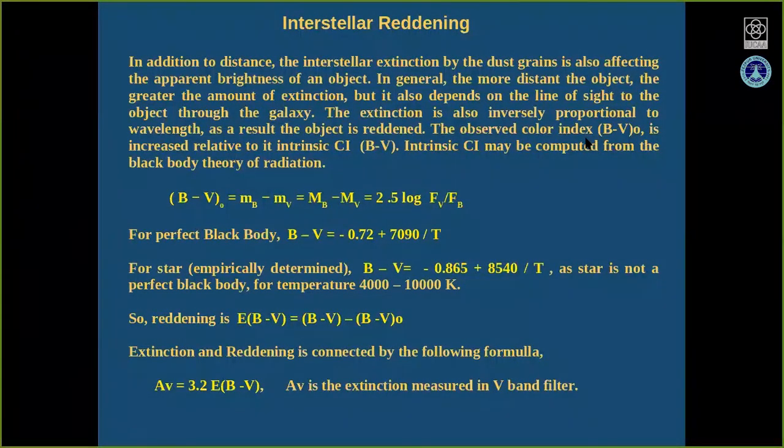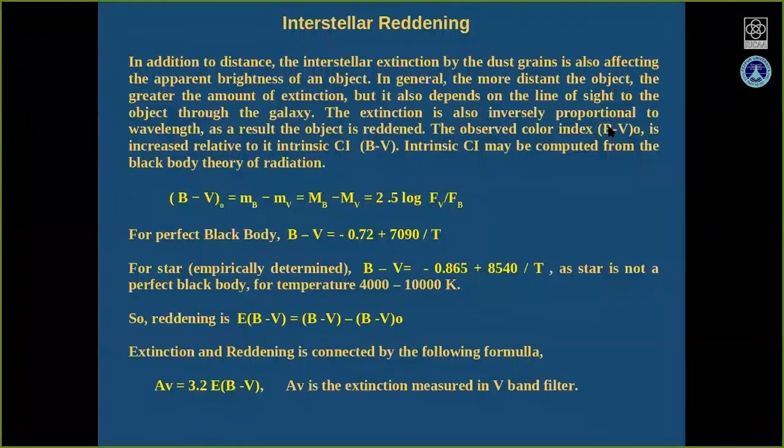Suppose you are observing a star in the B and V filters, and you find the instrumental magnitude for that particular star in the B and V bands. If you take the difference between B and V, that we call the observed color index. So now the observed color index is increased relative to the intrinsic color index. What is intrinsic color index? Intrinsic color index is the actual color index.